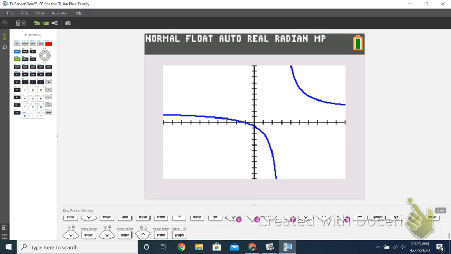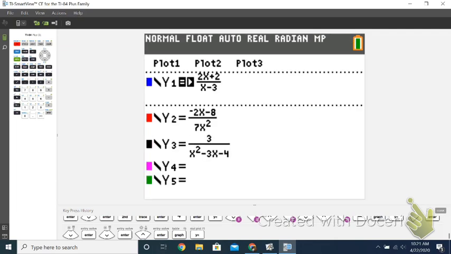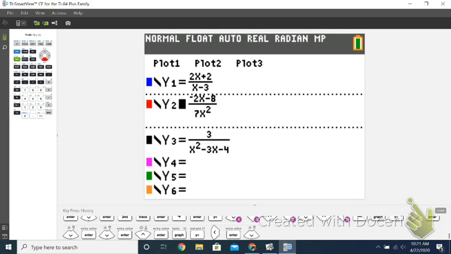Basically 2 above the x-axis, and a vertical asymptote where x equals 3 to the right of the y-axis. So you can see that one. Let me just go back. We'll get ready for the second one, or third one technically.